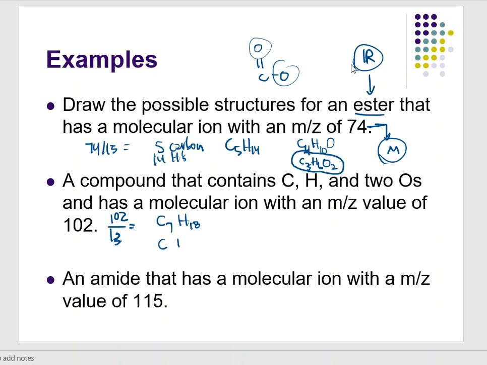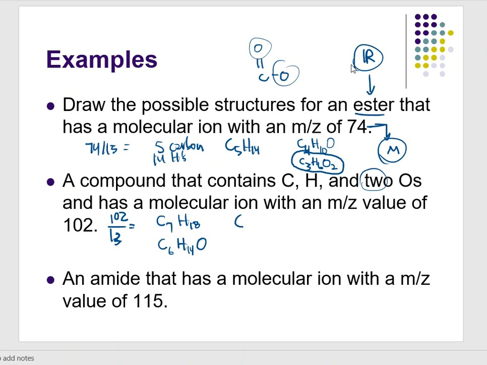Well, I need to squeeze in an oxygen. But in order to do that, I need to free up 16 formula weight. Well, if I take 1 from carbon, that frees up 12. And I take away 4 from the hydrogen, that frees up 4 more, which will give me 16. So there's my number 1. And then I do this again because it says 2 oxygens.